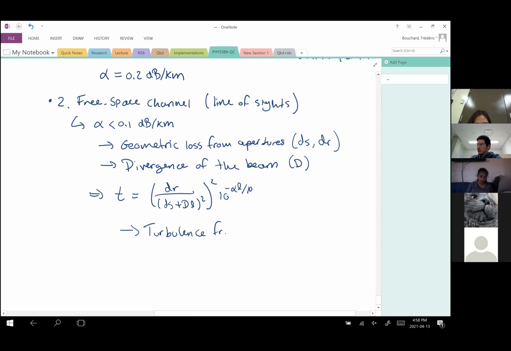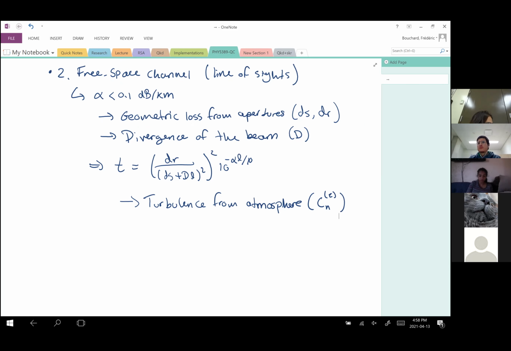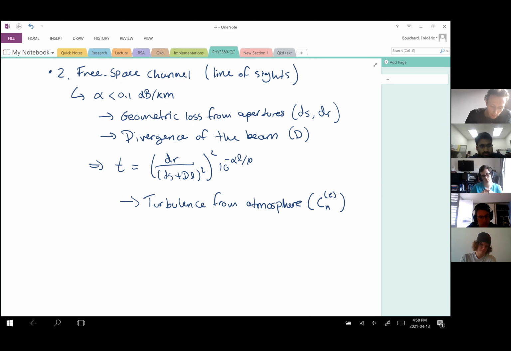That's the parameter that tells you how much turbulence you have. This is one of the main challenges of performing QKD in free space: you have a lot of turbulence, so you have to compensate for that using adaptive optics. Okay, so these are the two main free space QKD channels.